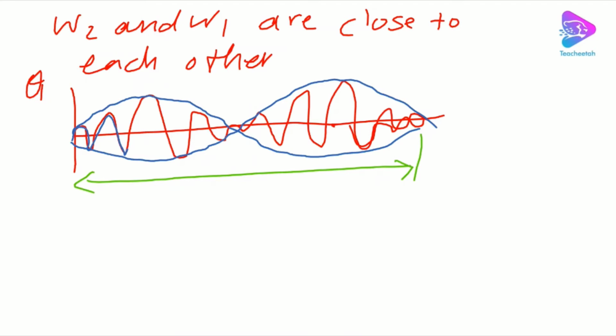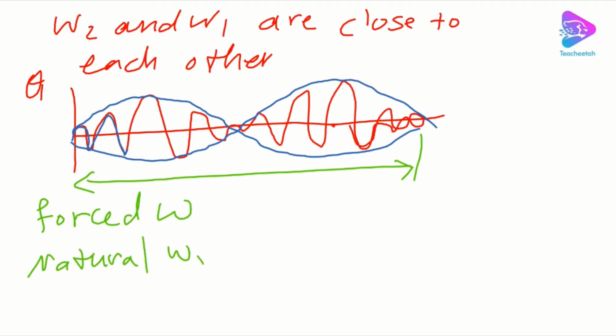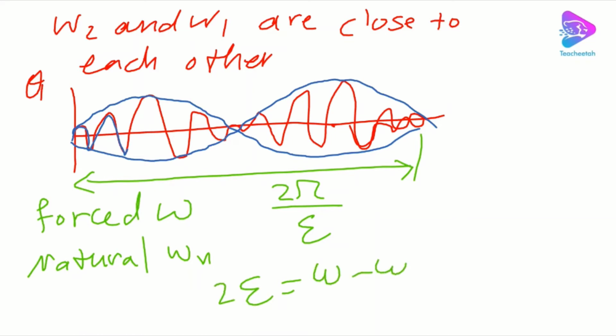So for example, for a forced vibration, when we have omega and a natural frequency of omega n, the period is going to be 2 pi over epsilon, where 2 epsilon is equal to omega minus omega n.